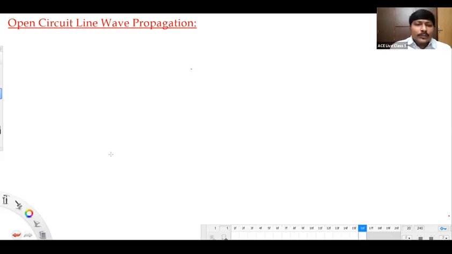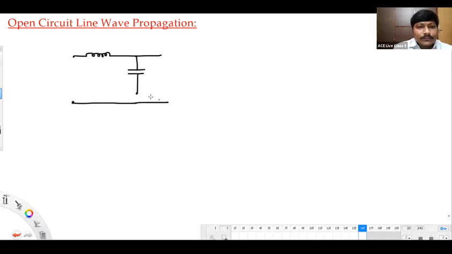So I will show the approximate model of the line, with so-called L and C elements like this. This is the first section, and like that we have a number of sections here.